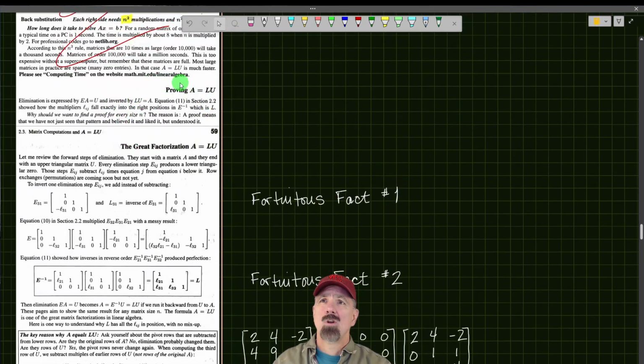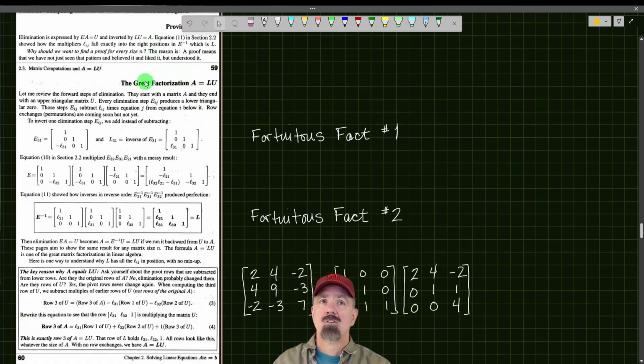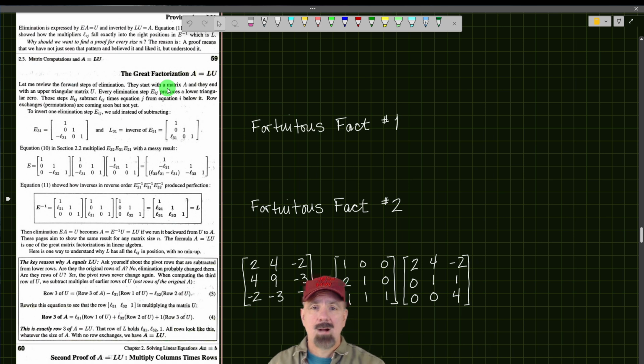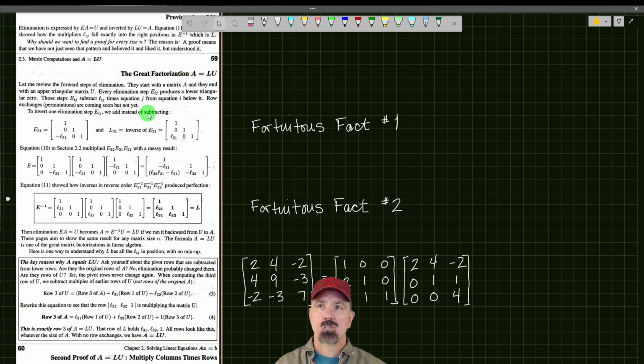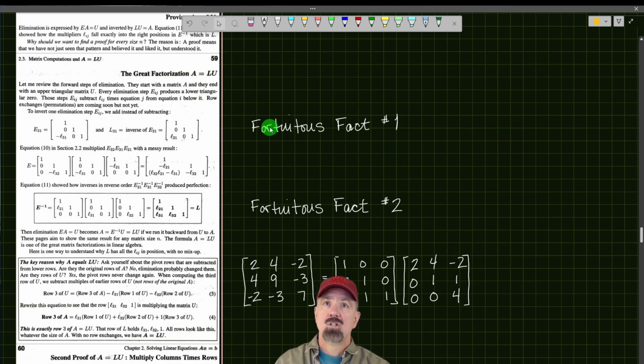All right, so proving, we're not going to prove anything, but we are going to learn from the proofs. We talked about this previously when we were looking at the elimination matrices and how they're doing Gauss-Jordan elimination for us. But the 2 key items here are the fortuitous facts.